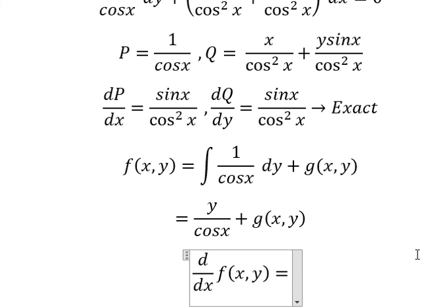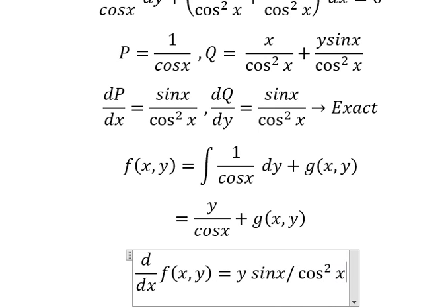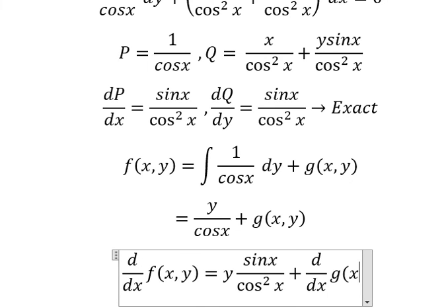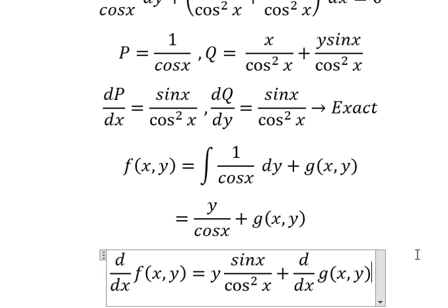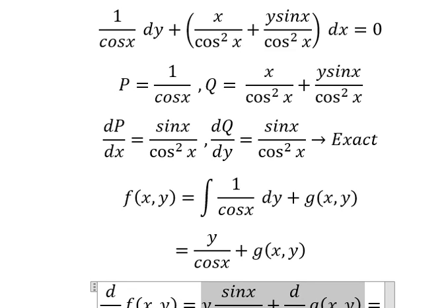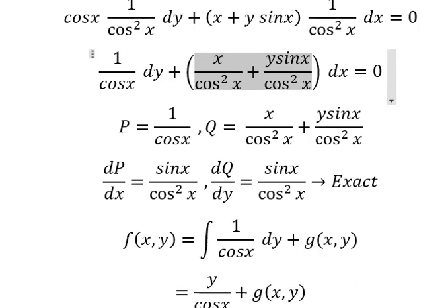So this one, we have y sine x over cosine x square plus d over dx g of x, y. And we know that this one equals to this one.